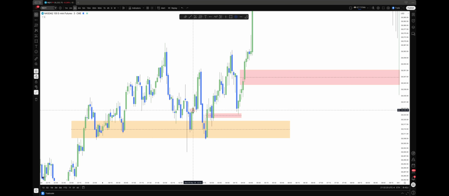You could have entered to this fair value gap, this one. If you would enter to this fair value gap, your stop loss is right over here. If you enter to this fair value gap, your stop is right over here. If you enter to this one, your stop is right over here.